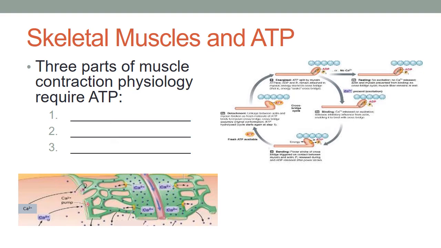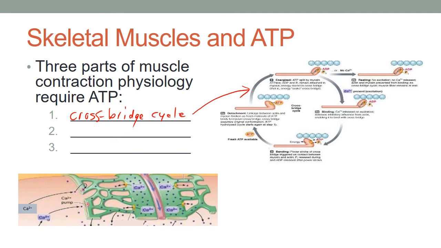The biggest thing that requires ATP in a cell is the cross bridge cycle. If you recall, right here where we're breaking the cross bridge and then re-energizing the myosin head, recocking or spring loading the myosin head, we use ATP in that step.